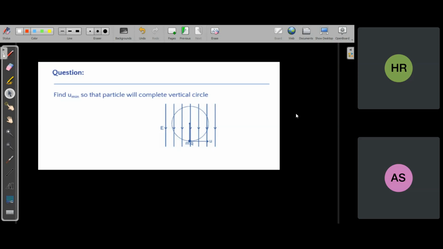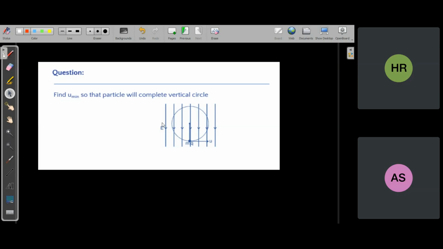Applying conservation of energy, considering the electrostatic force, the electrostatic potential will come, sir.